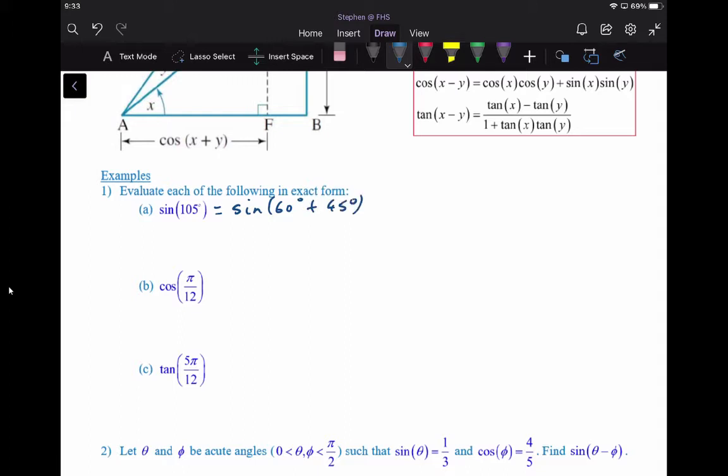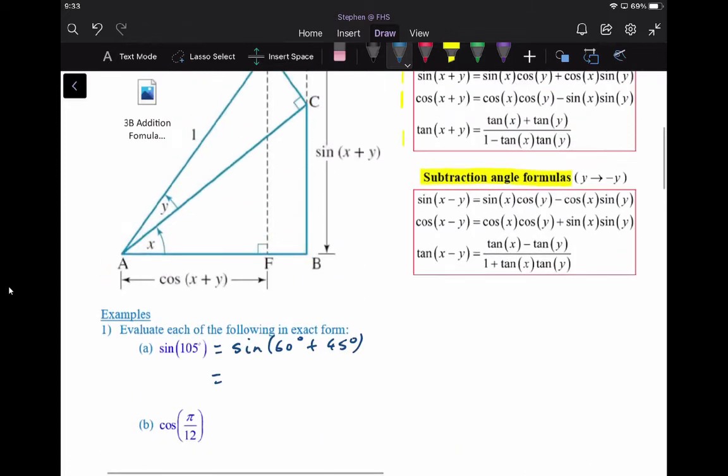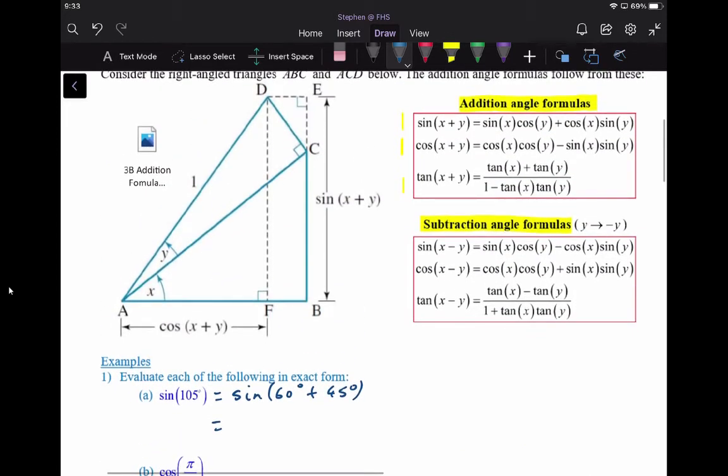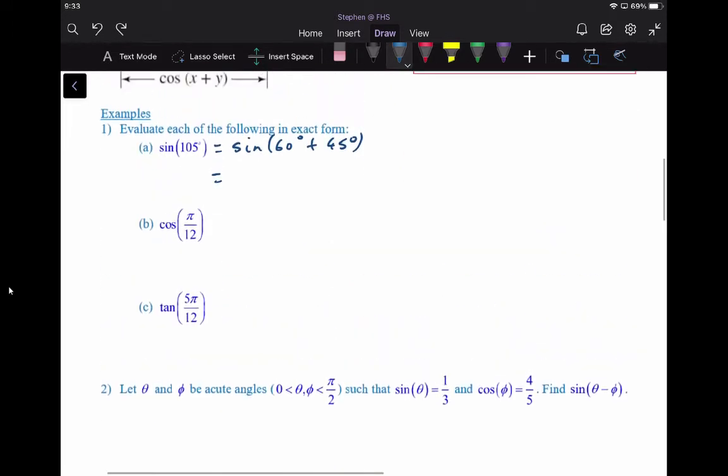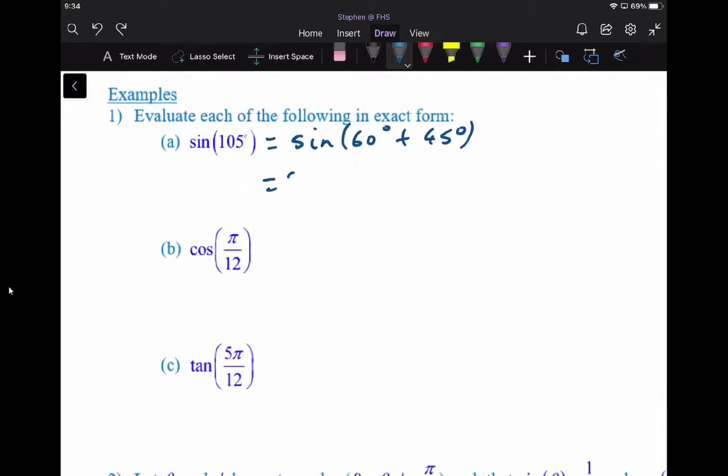45 degrees. Okay, so then what you can do is you can go back to the formulas here and notice that sine of x plus y is sine x cos y plus cos x sine y. In other words, it's sine of the first times cos of the second, plus cos of the first, which is 60 degrees, and then sine of the second.